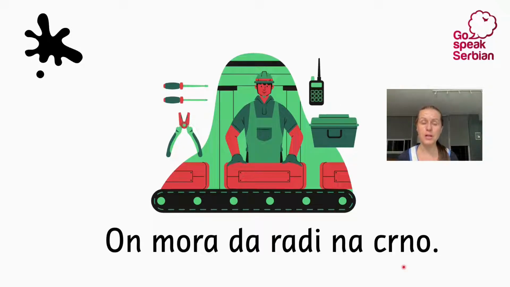So your employer is not paying taxes for your work. You're just getting paid, you're getting cash, but you don't have any benefits, you're not registered, and the taxes are not being paid. So that means raditi na crno.